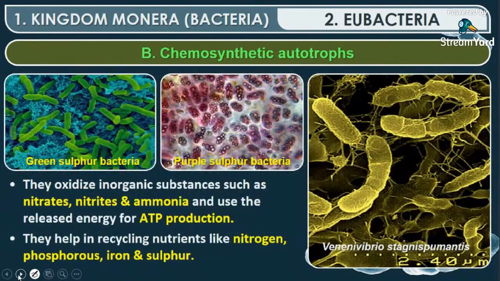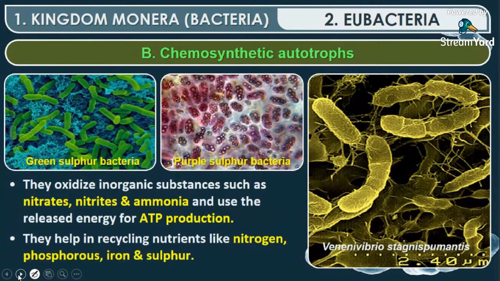Okay, next is the chemosynthetic autotroph. They oxidize inorganic substances such as nitrate, nitrite, and ammonia, all these different chemical substances, to release energy for ATP production. They also help in recycling of nutrients like nitrogen, phosphorus, iron, and sulfur.